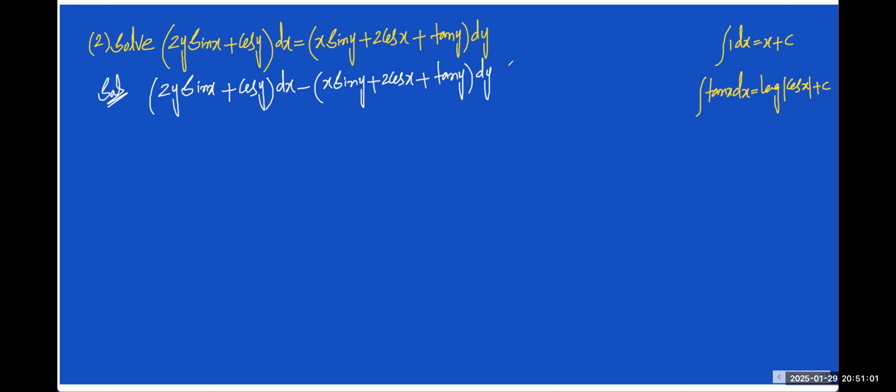Both are accepted. So now our question is mdx plus ndy is equal to 0.